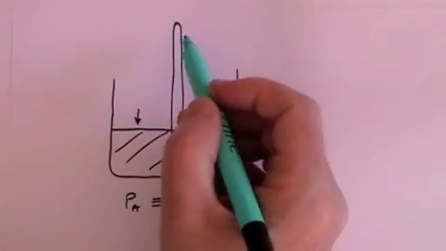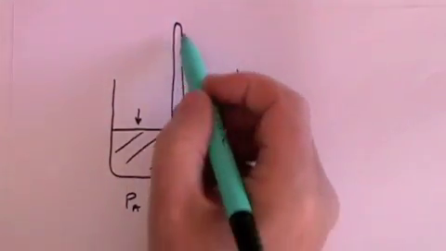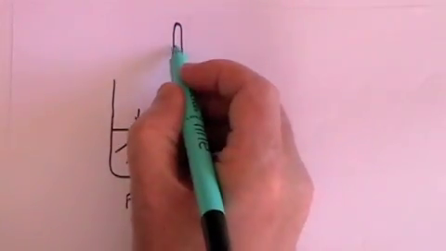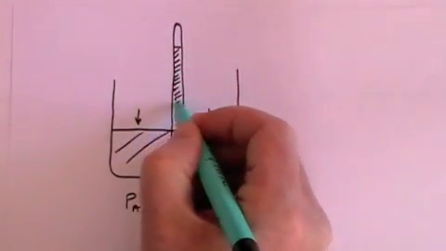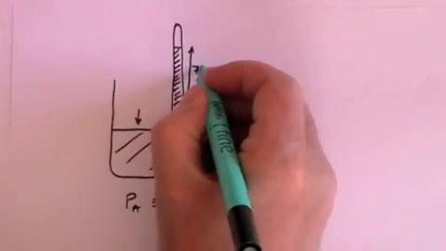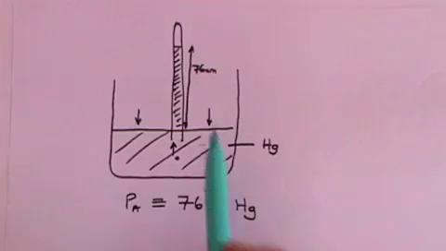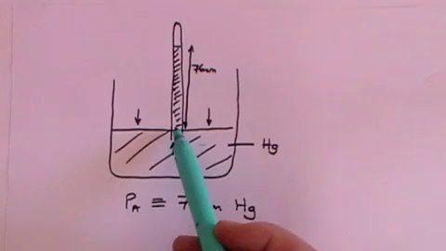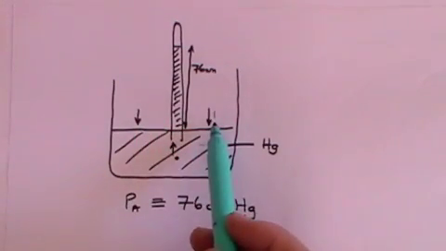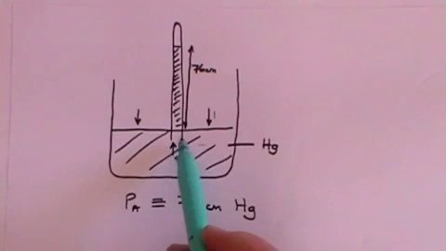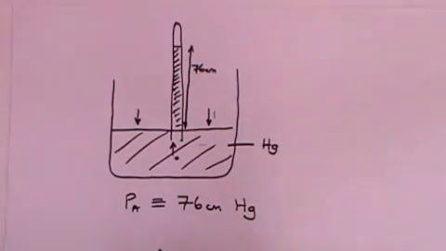And so what you find is that the full tube, let's say this is 1 meter high, this tube of mercury, the mercury will run out until it is 76 centimeters from the surface. And it will then stay there. And that 76 centimeters of mercury is being supported by the atmospheric pressure that's bearing down on the surface and being transmitted through the liquid and is supporting this 76 centimeters of fluid.